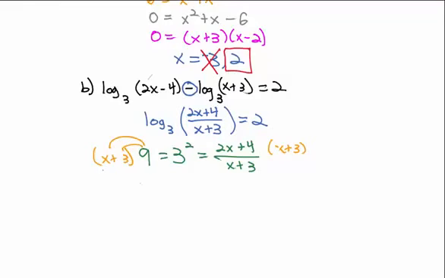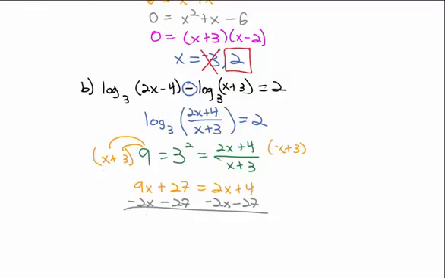And when we distribute, we have 9x plus 27 equals 2x plus 4. Get the x's on one side by subtracting 2x, everything else on the other side by subtracting 27. And that's going to give us 7x equals 4 minus 27, negative 23. And when we divide both sides by 7, we get x equals negative 23 sevenths.